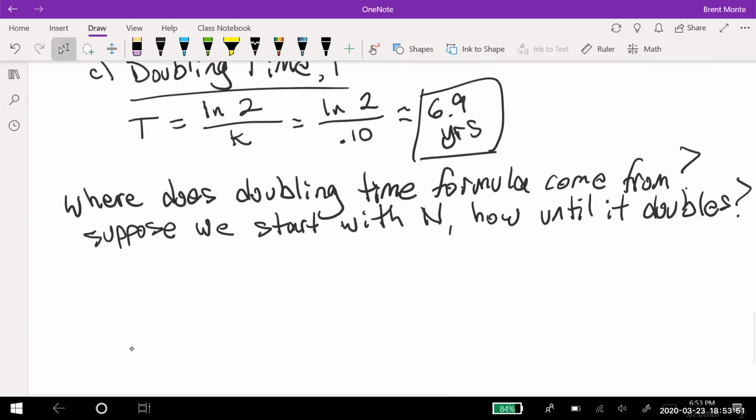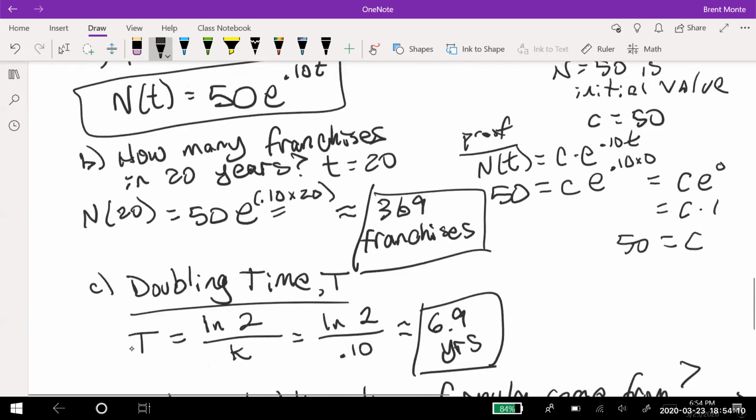Well, let's say this. Now, so we've got n. We know it's, don't want to use n there. Did we use n up here in our formula before?